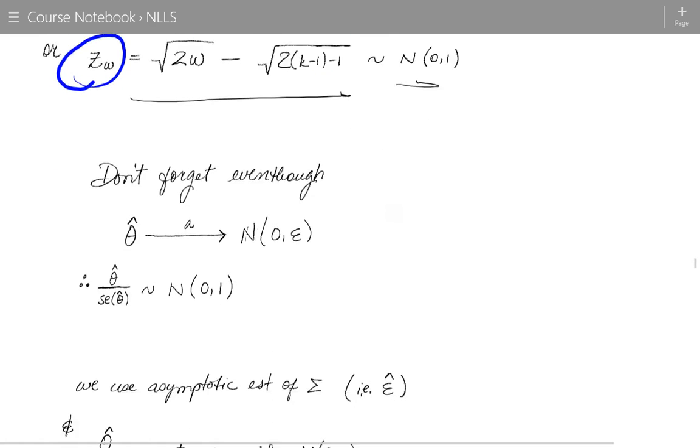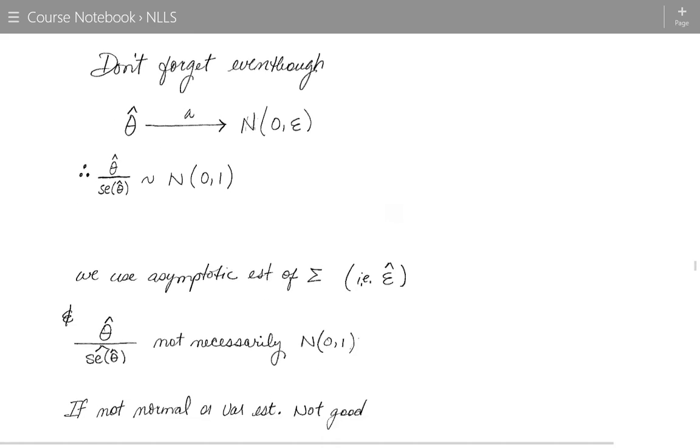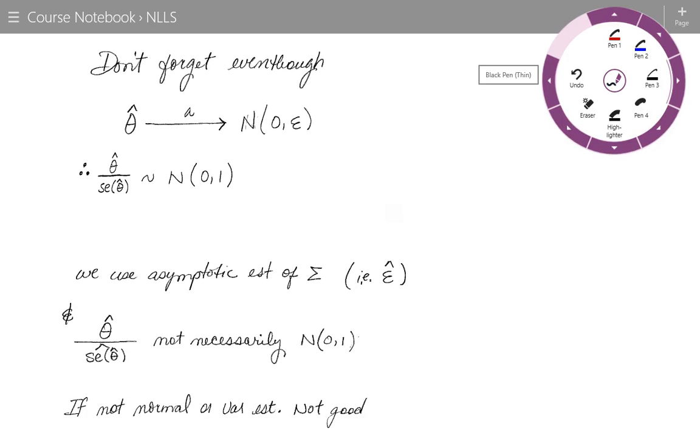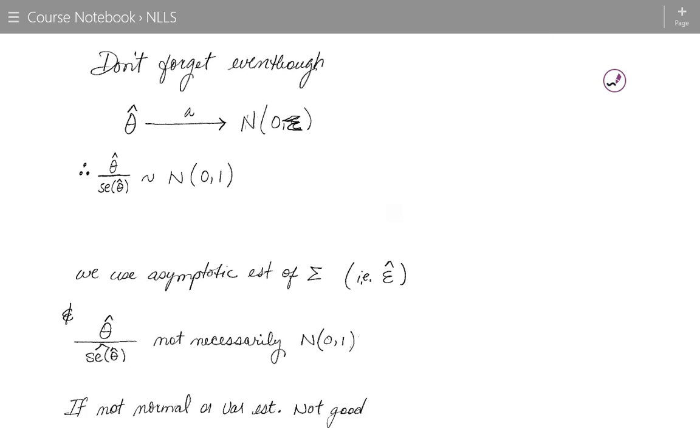And something not to forget here is that asymptotically, this is a capital sigma, the covariance matrix.